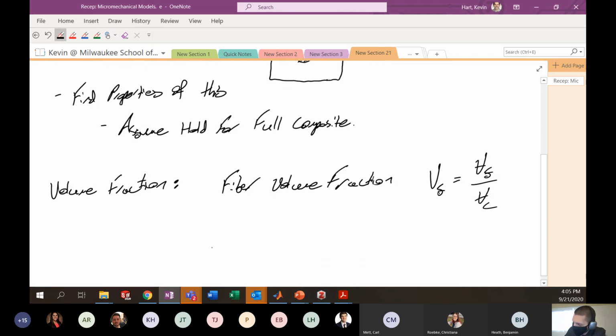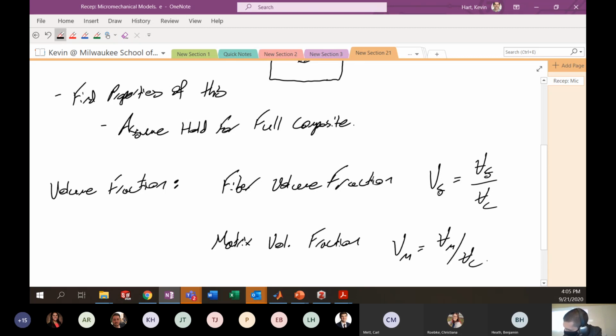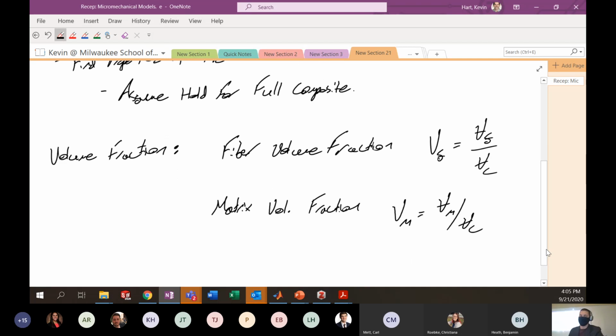You could similarly have matrix volume fraction, which is going to be something like V sub M, the volume of the matrix divided by the total volume of the composite. And we said that if we assumed that the composite had no voids, is only made up of fiber and matrix, that we have some additional relationships that we can leverage.